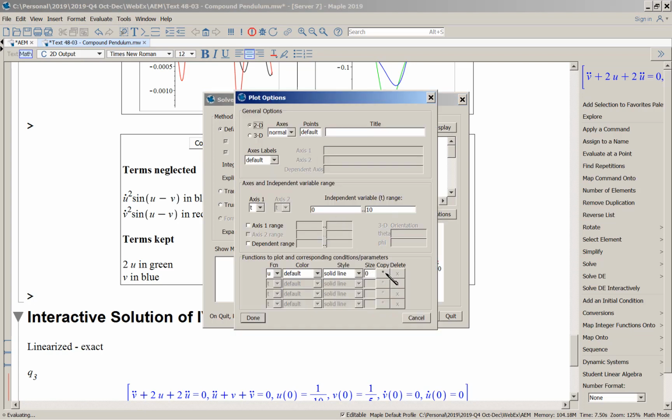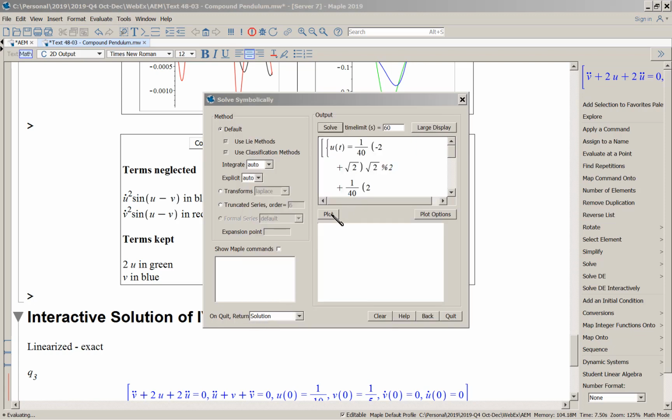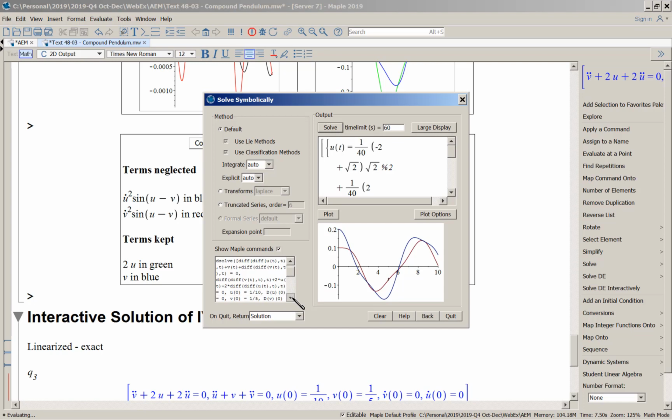If you want to get the other one, you make a copy, change that copy to the other function v, and now when you draw the graph, you get u and v graphed on one set of axes. You can even check this box and you see the dsolve command is the one that gives you the solution, and there's a plot command down in there someplace that draws the graphs.